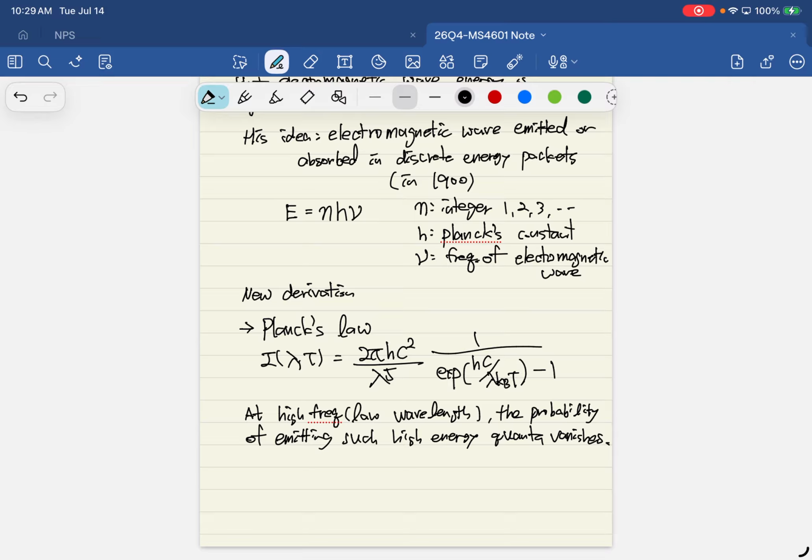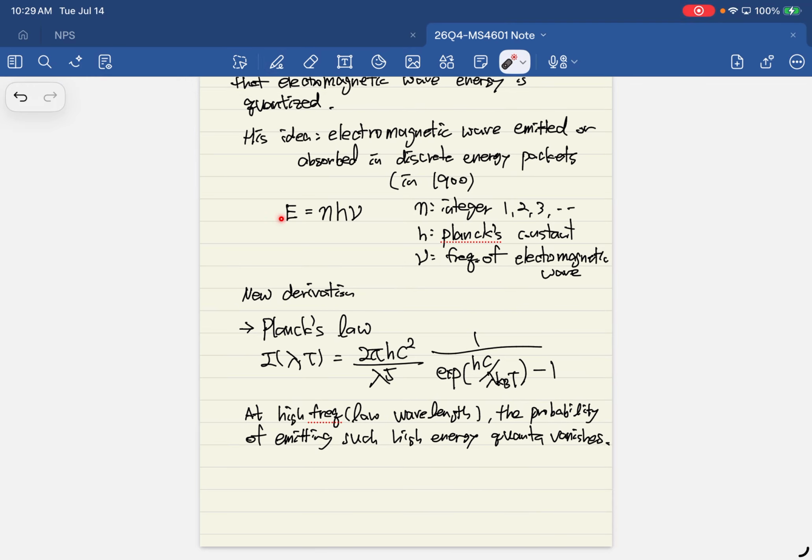Okay? Because at high frequency or low wavelengths, look at this energy. This energy is relevant to frequency, right? At low wavelengths, that means high frequency. So h nu has a higher value at higher frequency, and we are not going to get into details, but the probability of emitting such high energy quanta vanishes.